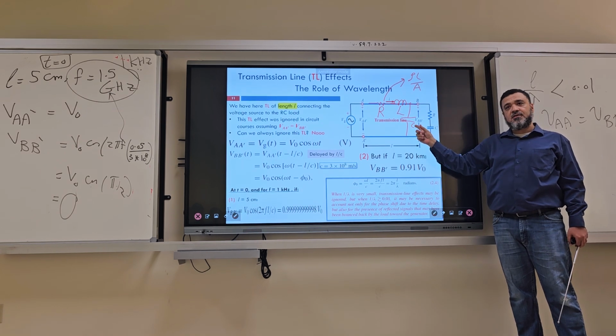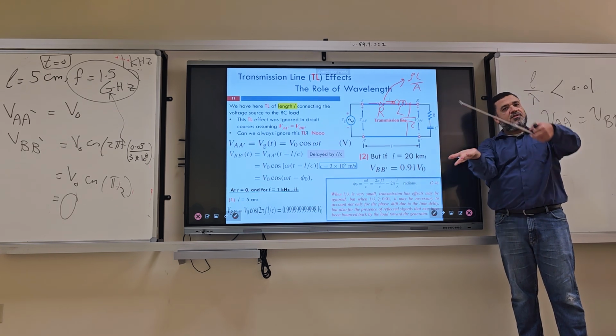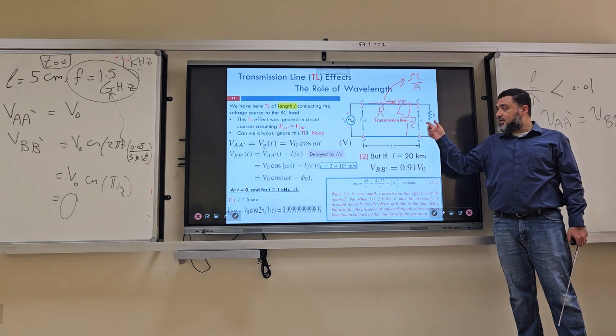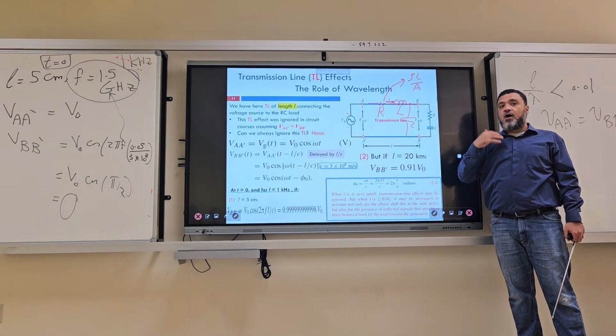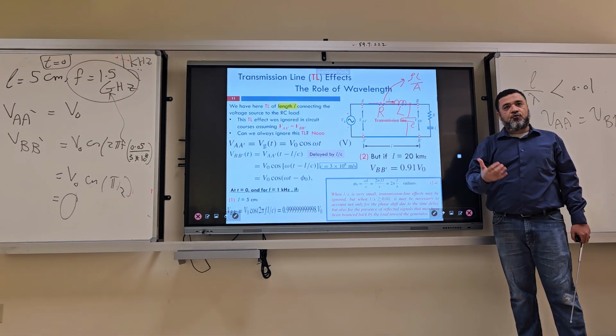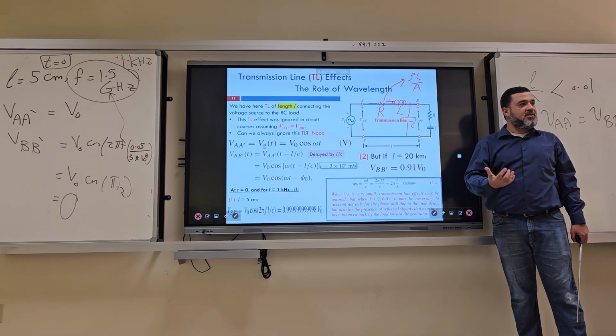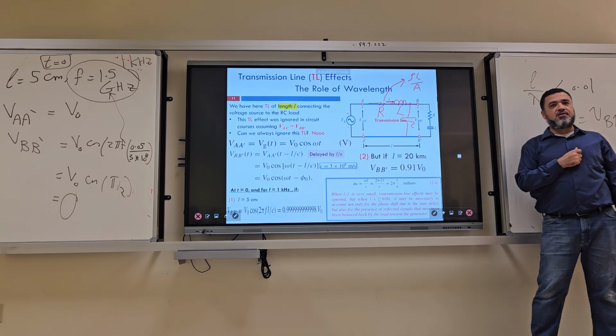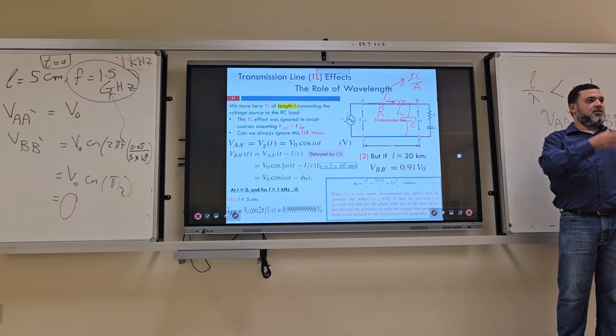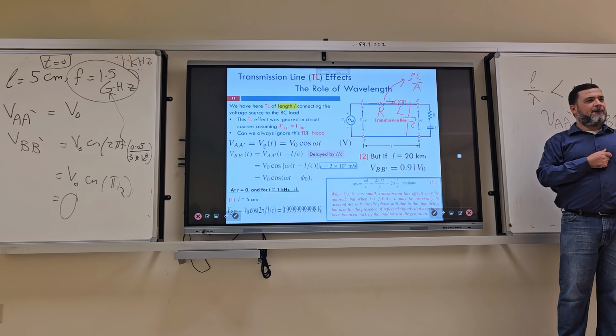Why? Two conductors with an air gap. With high frequency, these effects are highly powerful. The more the frequency, the more effect we have from these. You cannot ignore them. According to the final equation, the final effect is only a phase shift.